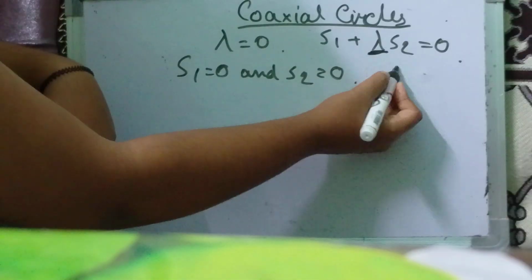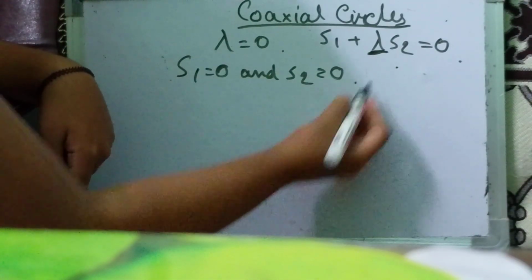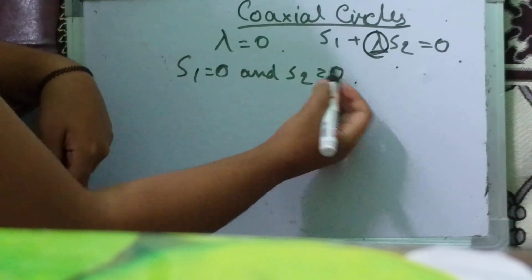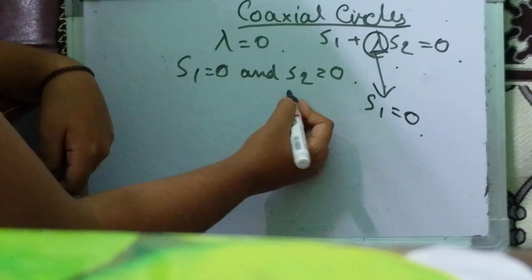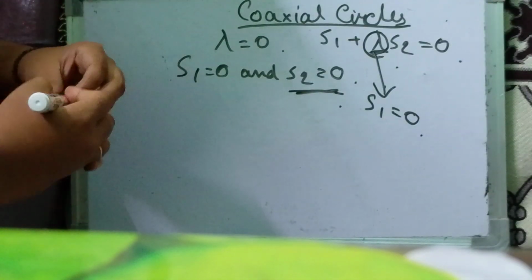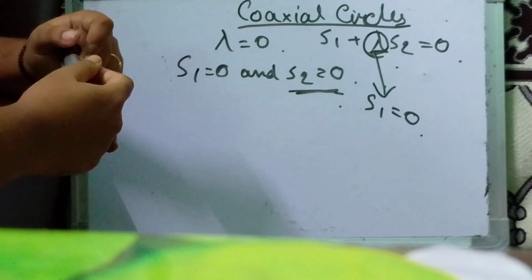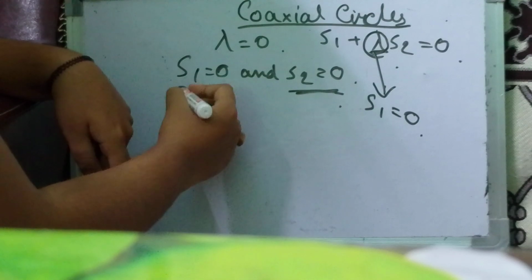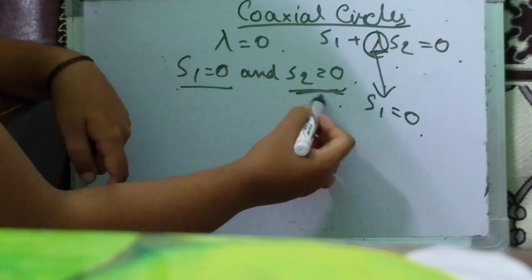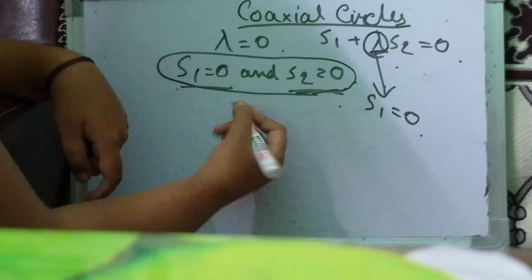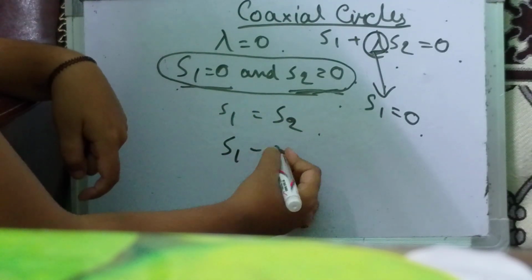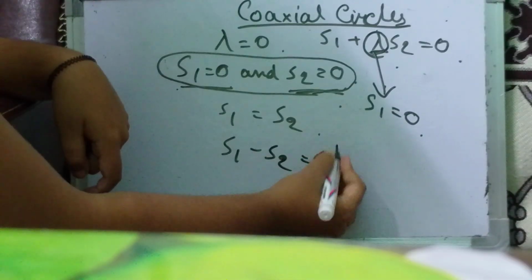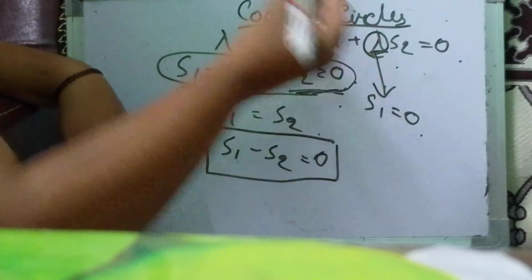So when lambda is 0, put lambda equals 0. At that time S1 equals 0, and in the same way S2 is also equal to 0. So we can say that if S1 equals 0 and S2 equals 0, then S1 is equal to S2. So S1 minus S2 equals 0.